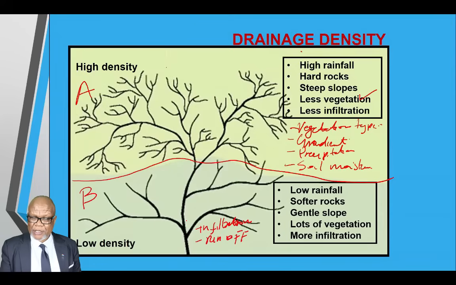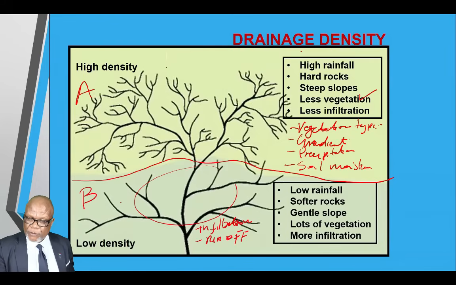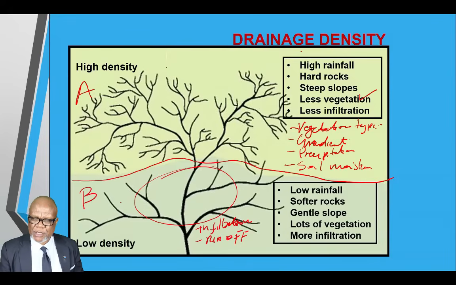Because of gentle gradient, there is more infiltration and less runoff. Hence, we have lower density, meaning fewer streams, because most of the water infiltrated. But here, most of the water is running on the surface, which is what we call surface runoff.